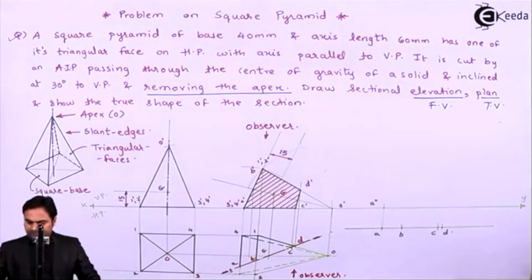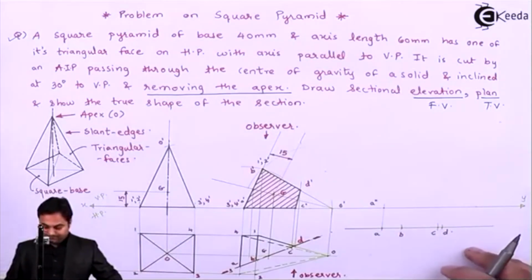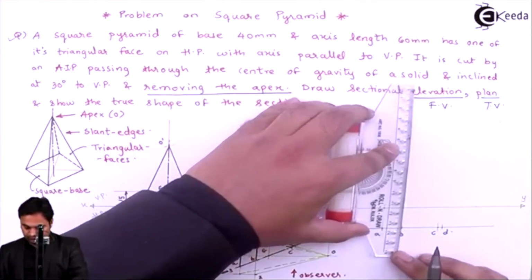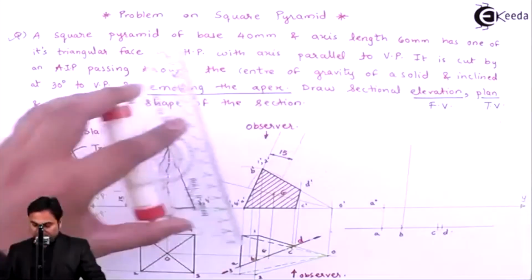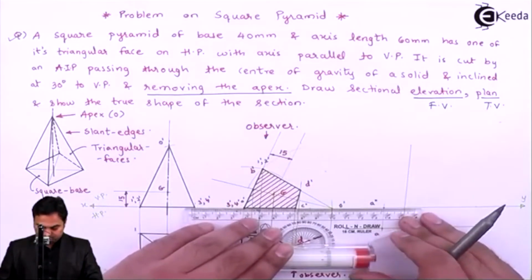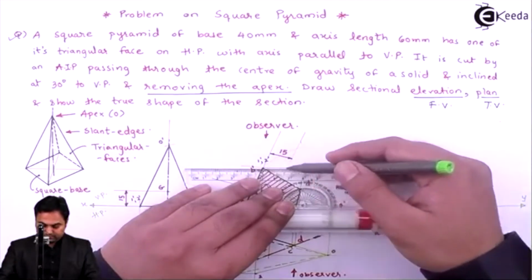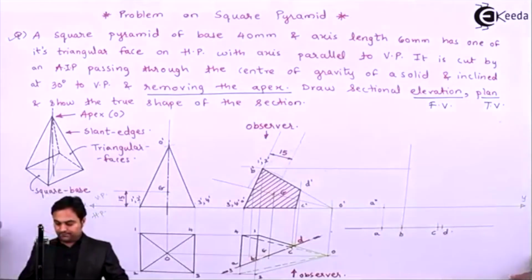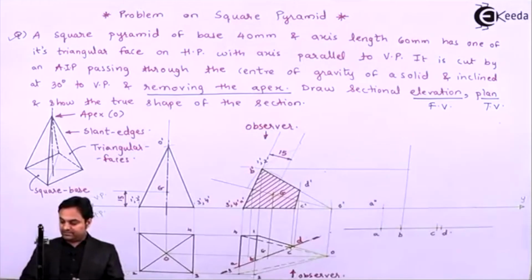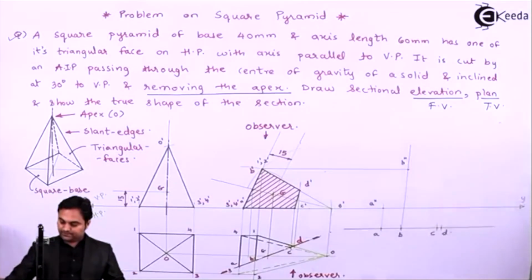After getting point A double dash, I'll project point B with a light line and projecting B dash horizontally. So where B and B dash intersect, that will give me B double dash.